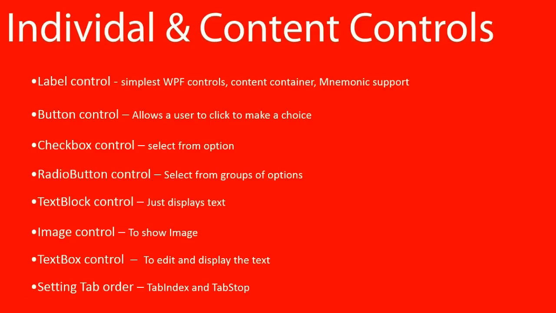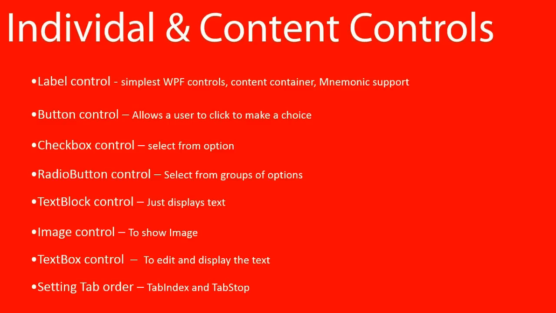It is the simplest WPF control and you can display any text on the label control, and you can even bind it with some other controls. This is called mnemonic support. We will discuss this later in the series. The next is the button control. It allows a user to click to make a choice.